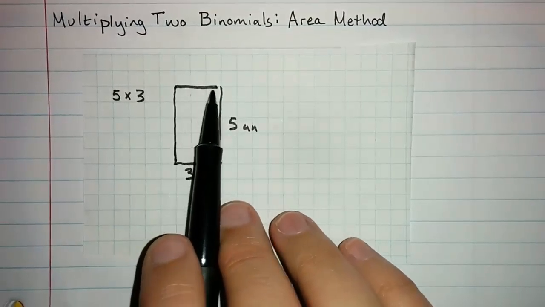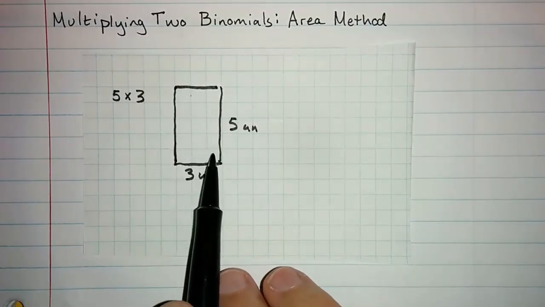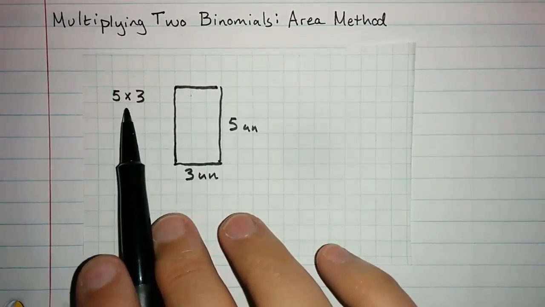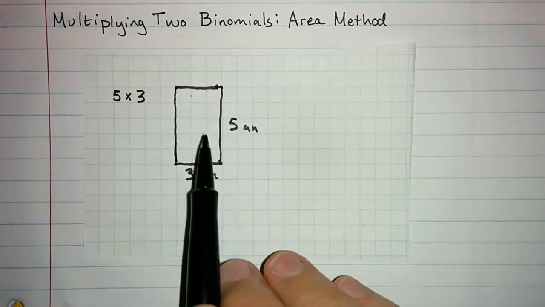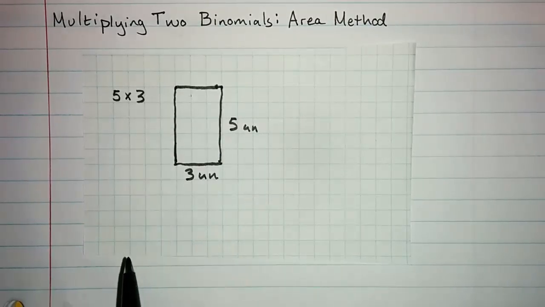Right, and we see 1, 2, 3, 4, 5, 6, 7, 8, 9, 10, 11, 12, 13, 14, 15 boxes covered. So this is, in a very real sense, what we mean when we say 5 times 3.